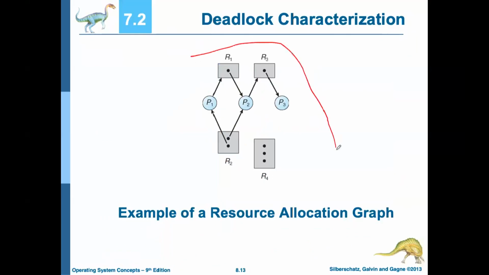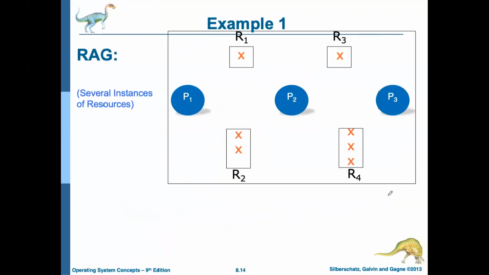Okay, an example of the resources. And then we have these processes, how they are assigned, how they request. This is an example of the graph. What is the name of the graph? Resource allocation graph. All right.